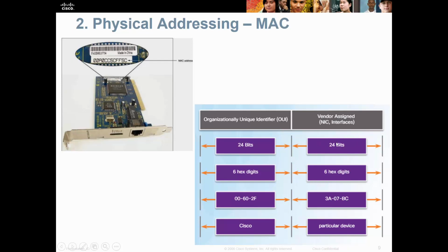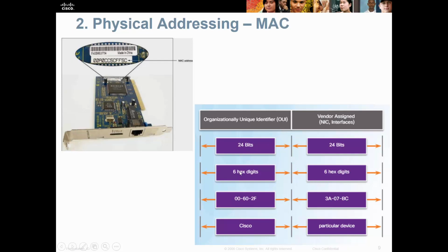The last 24 bits is simply like a serial number for that NIC that is assigned by the vendor. So every NIC card that Cisco sells will have a 24-bit unique serial number, but all the NIC cards of Cisco will start with the same Cisco OUI number issued by the IEEE.